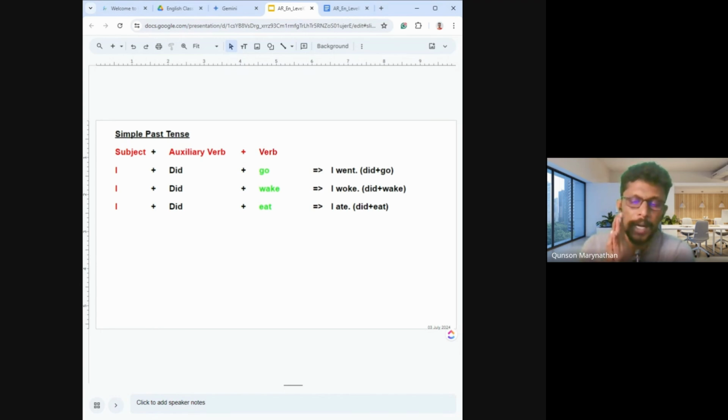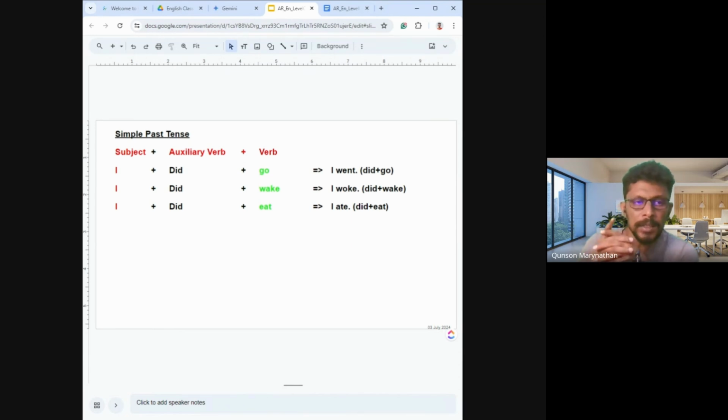So when you say I went, in that one word went, there are two words. One is the auxiliary verb did and the actual verb go. Did plus go becomes went. Okay, did plus go is equal to went.